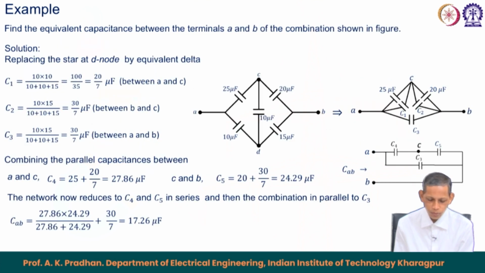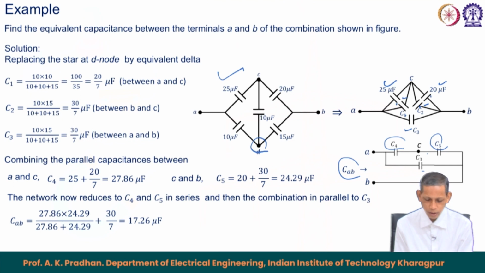So the D is now removed, and we get 25 microfarad with C1, 20 microfarad with C2 and the corresponding C3. At the C point this becomes parallel, so we get C4 and C5, and then C3 in parallel, and then you can find out the corresponding CAB.